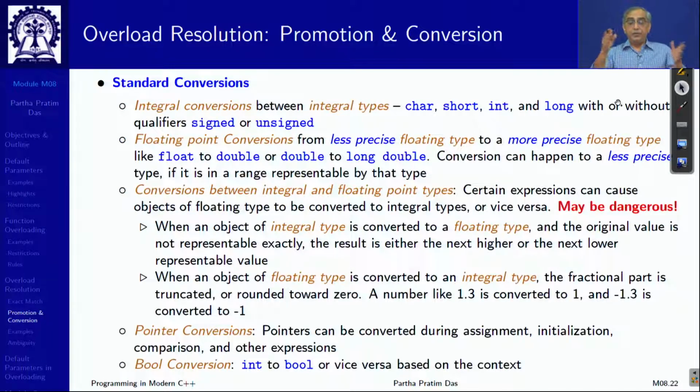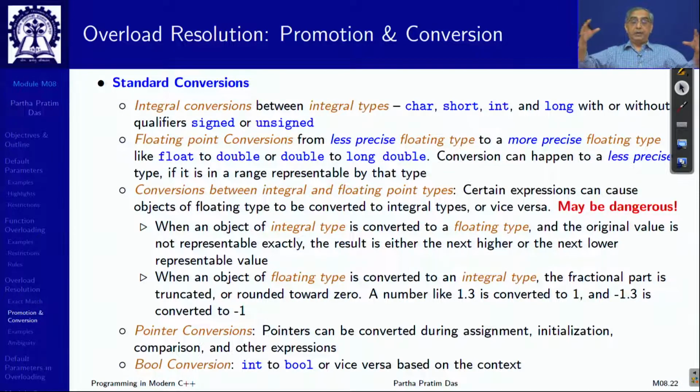Then there are certain conversions which are possible. For example, I can convert between integral types with or without the qualifier of sign. I can convert between floating point types, float being converted to double, double being converted to long double, and so on.